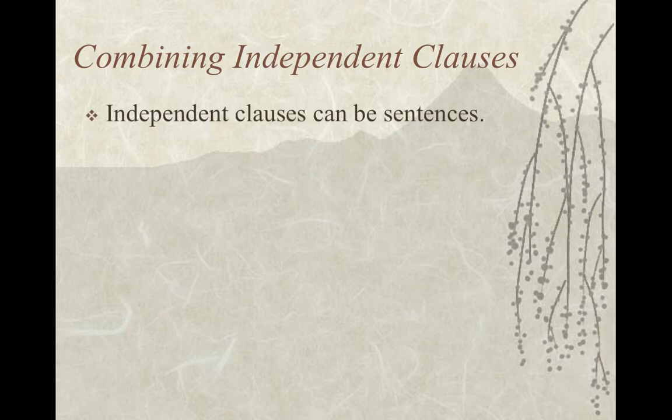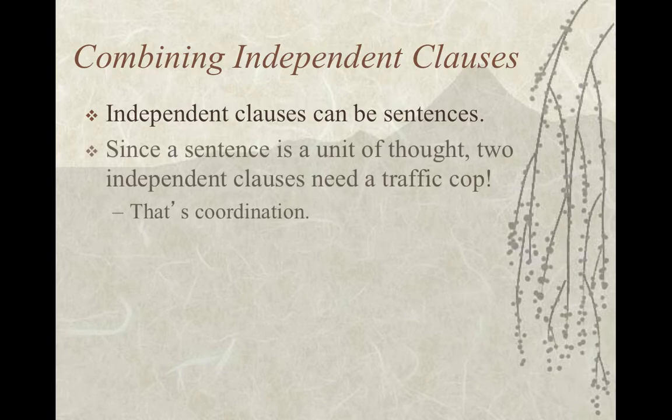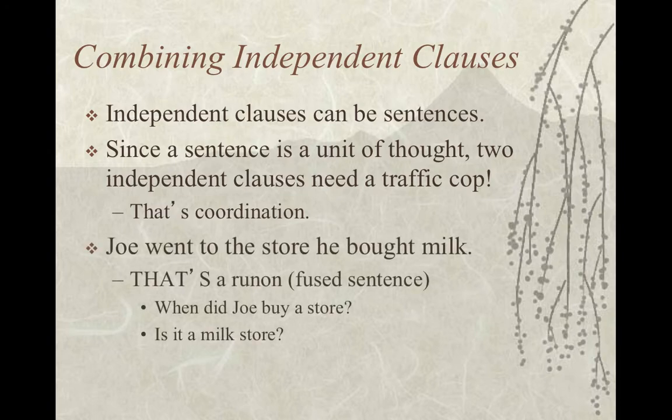So here, we're combining independent clauses. Independent clauses can be sentences all by themselves. So if you have two groups that can be sentences by themselves, and you slam them into the same sentence, we need some way to coordinate that. We need a traffic cop of sorts. You stay, you go, now you turn, that kind of thing. So it's exactly like that. If we don't do that, then we have collisions.